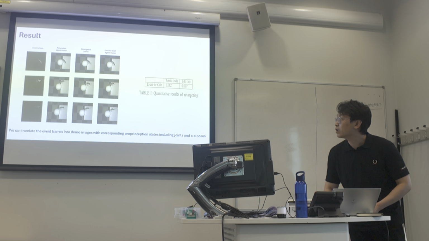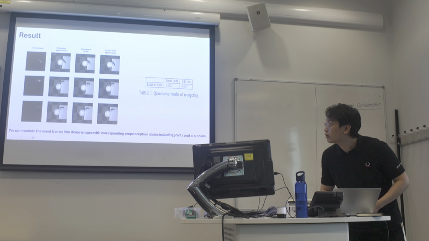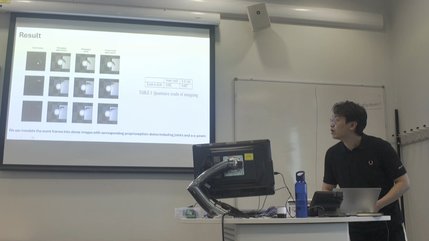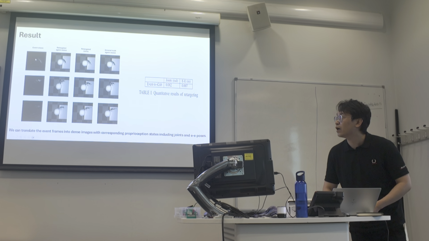Here is an example of the results we got. Here are the event frames of the iCub arms. The event vision is only triggered when motion happens, so the event frames can be translated into denser RGB frames. We can also retarget the iCub joints.